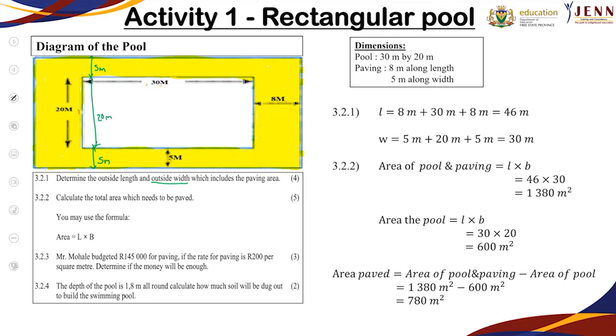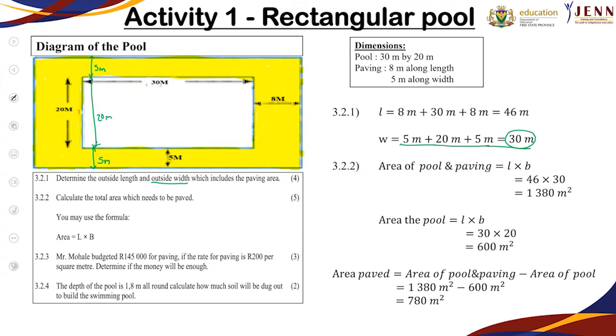So the outside width is going to equal 5 meter plus 20 meter plus 5 meter, which will give me 30 meters in total.